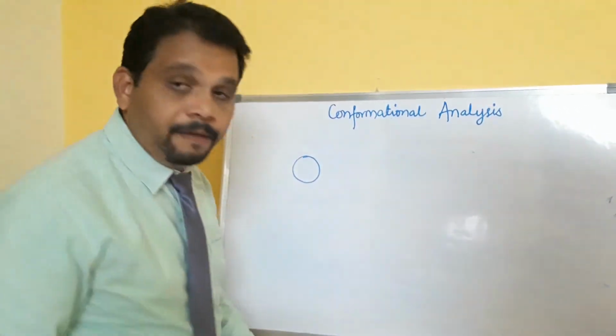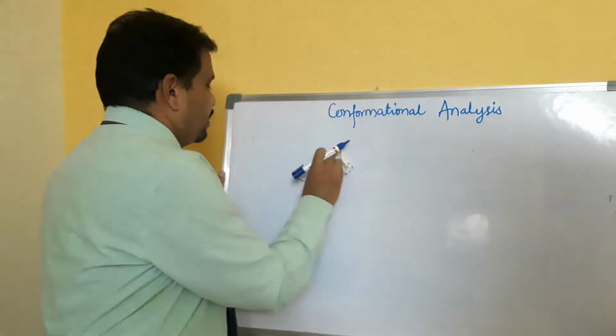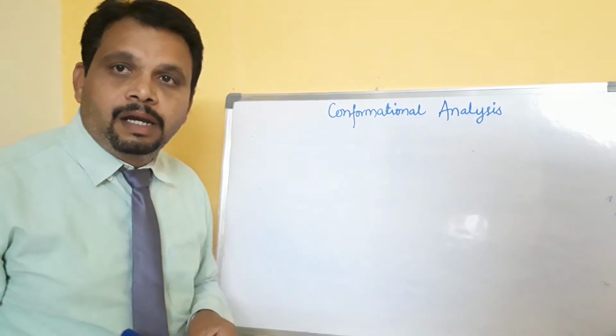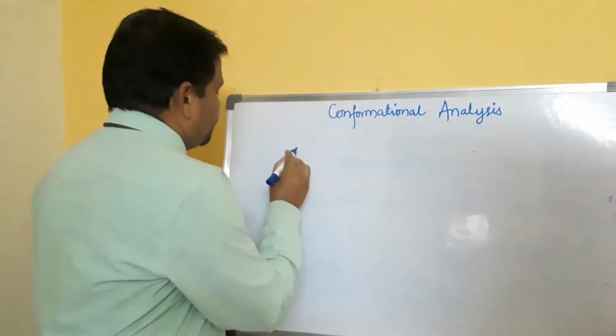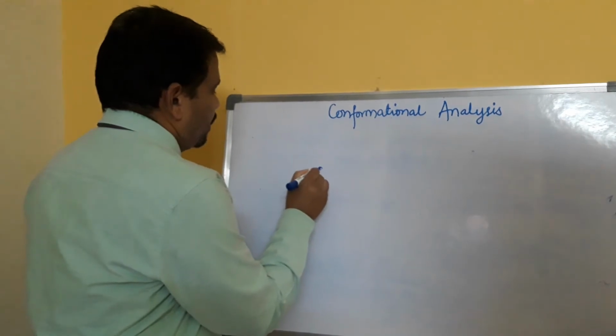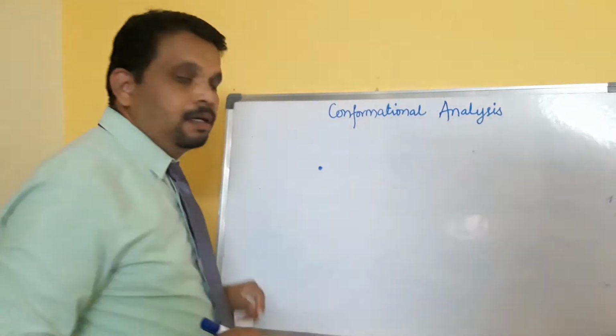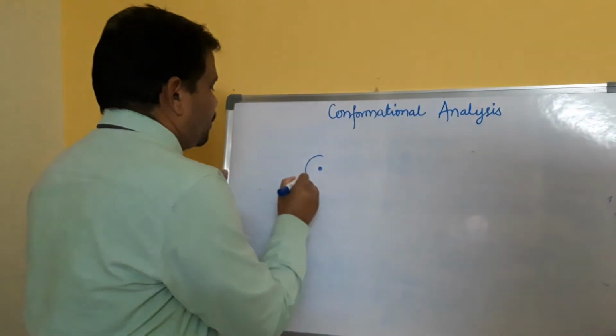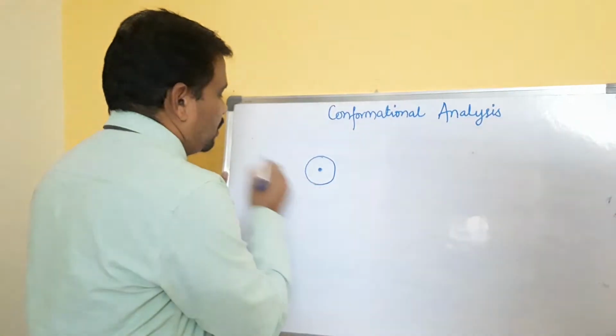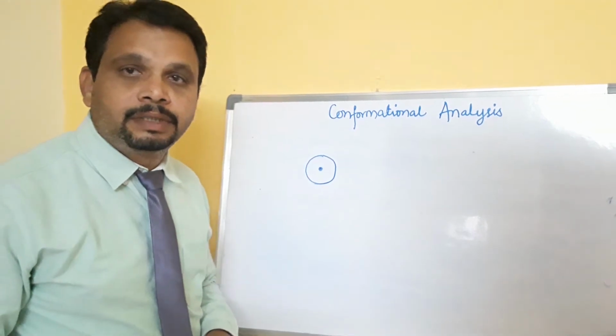First of all, if you want to write the conformer, as I explained in the class, the front carbon can be denoted with the dot and the back carbon will be denoted with the circle.